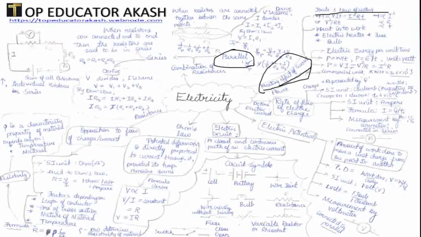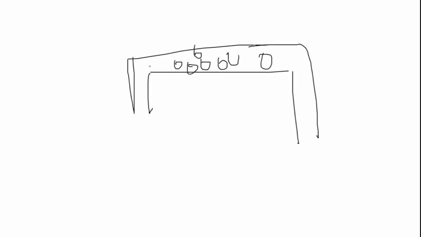So this is the conducting wire, and here there will be some atoms, and you can see that electrons will be moving. Then the electrons get struck by these atoms.